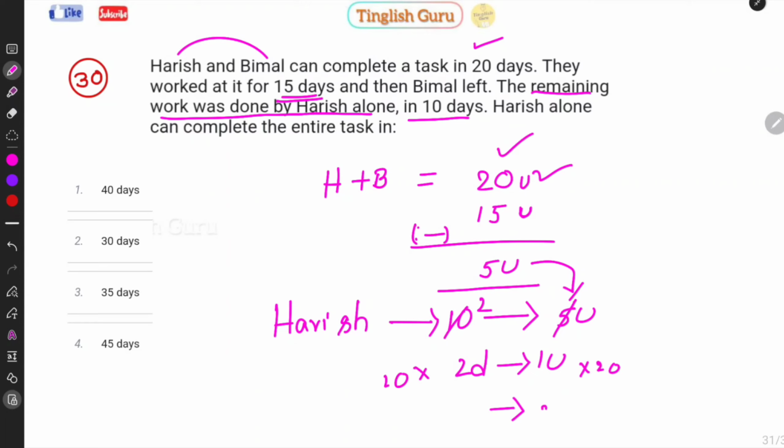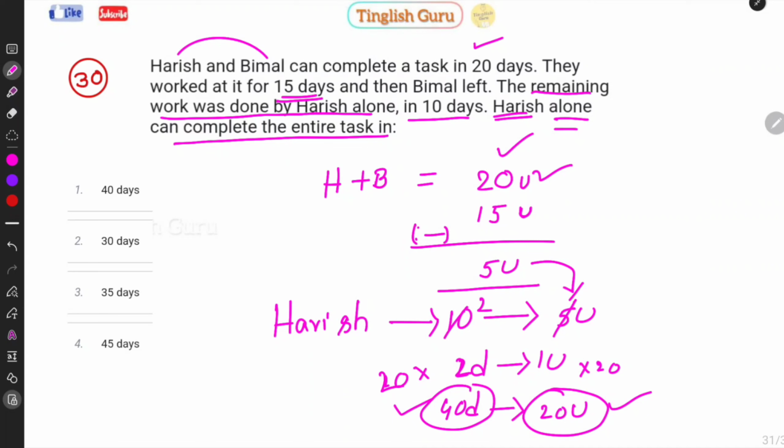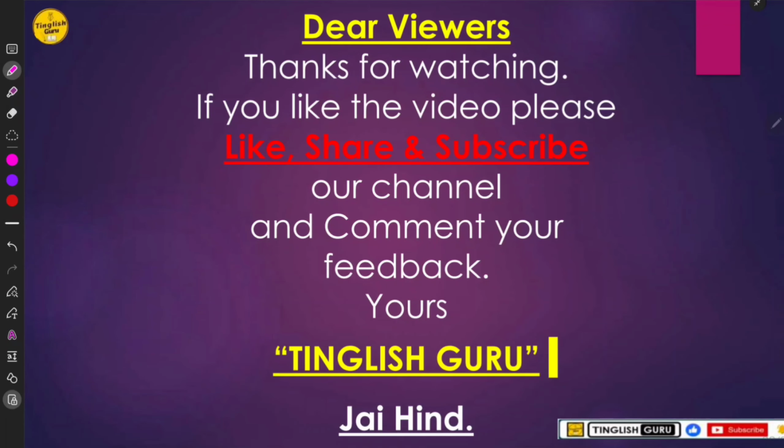So what will we get? 20 units of work in how many days? 40 days, 20 into 2. So Harish can complete the total work, here total work is 20 units, in 40 days. They asked in how many days Harish alone can complete the total work. Option 1.